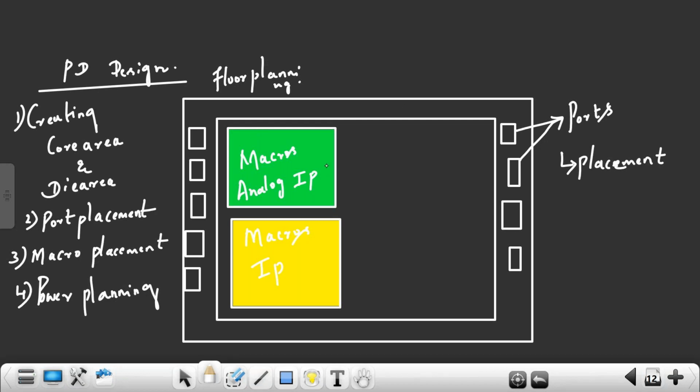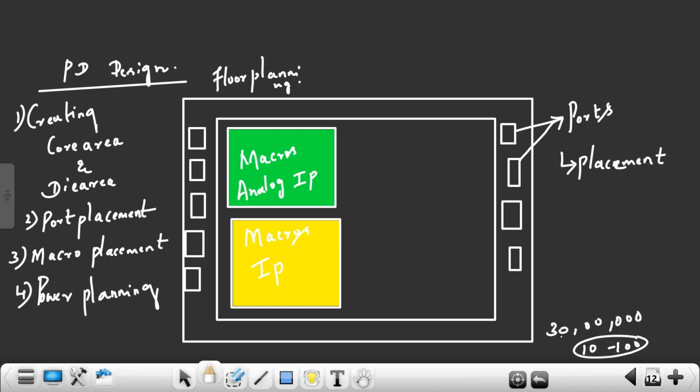See, in the real design, you will be having minimum 30 lakh standard cells, right? 30 lakh standard cells, and macro count will be between 10 to 100. But standard cells, how much it will be? 30 lakhs.